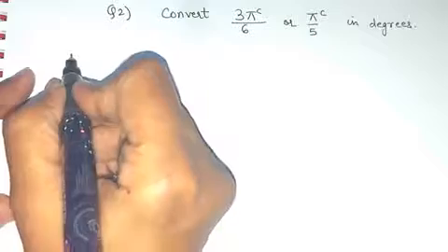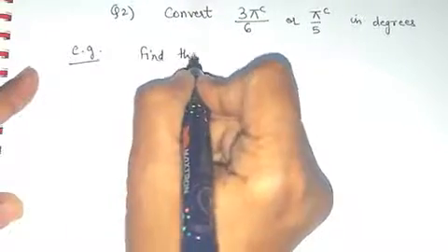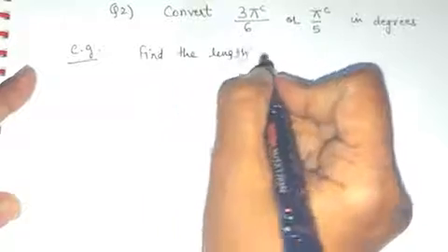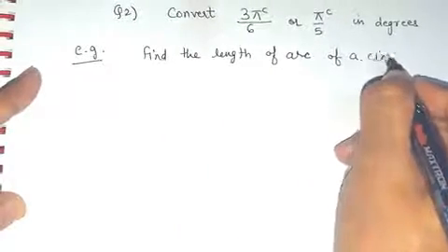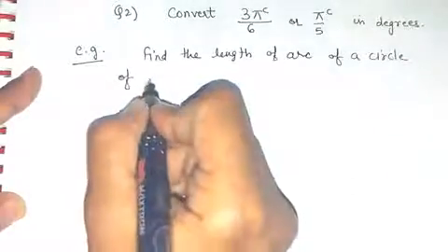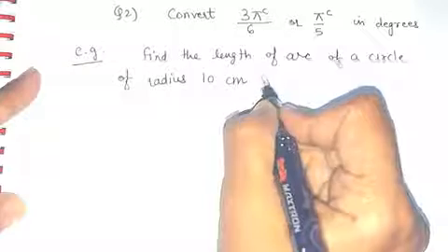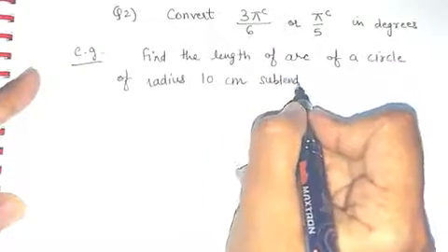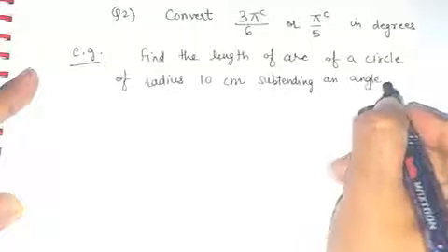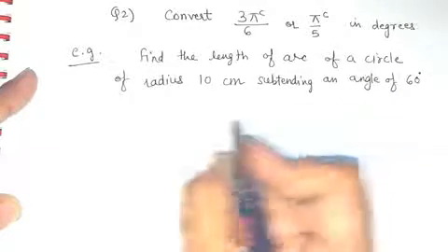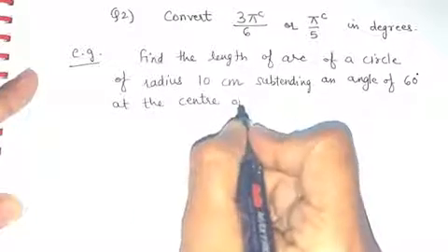Now write the next question, for example: find the length of the arc of a circle of radius 10 centimeter subtending an angle of 60 degree at the center of the circle.